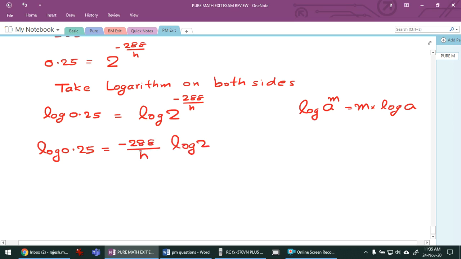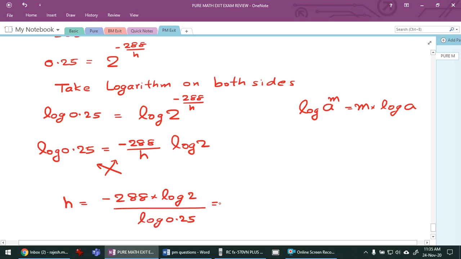Now I want to find the value of H. So we have to cross multiply. So H should come to the left and this will come down. So H equal to minus 288 into log 2 divided by log 0.25. Okay, we will use calculator to find this.